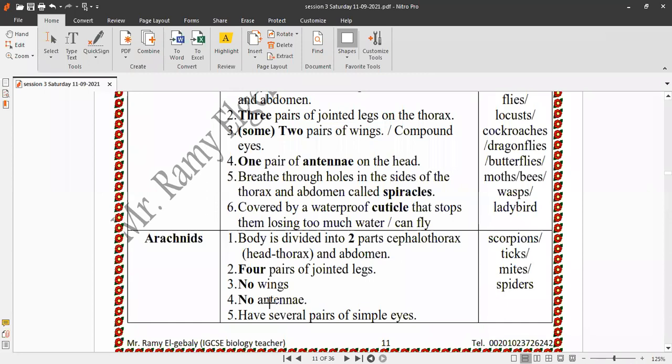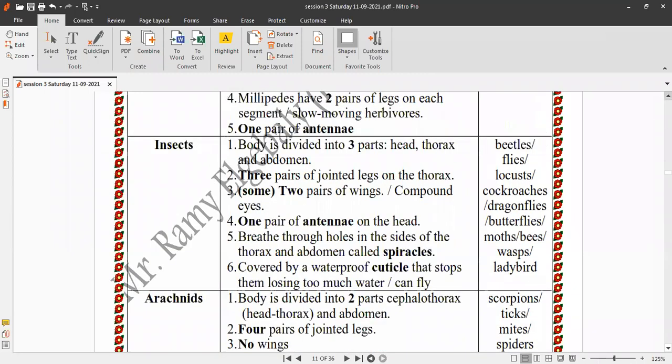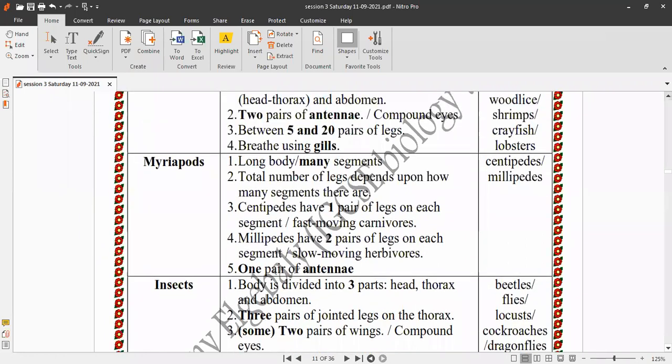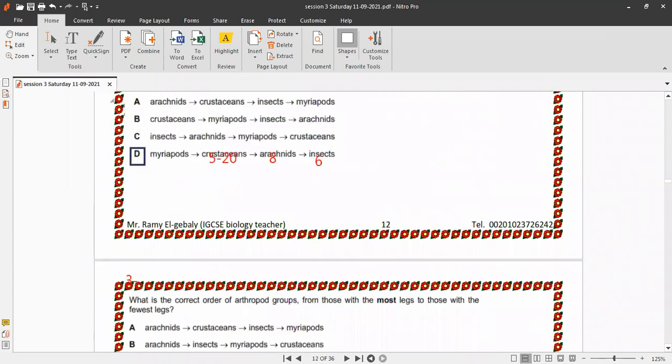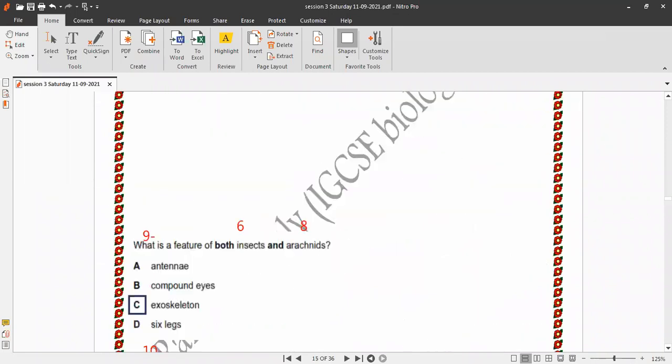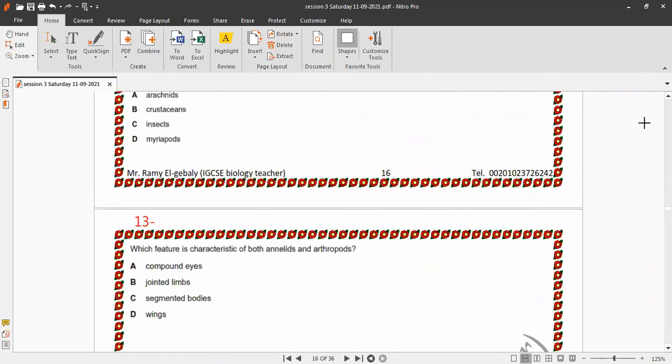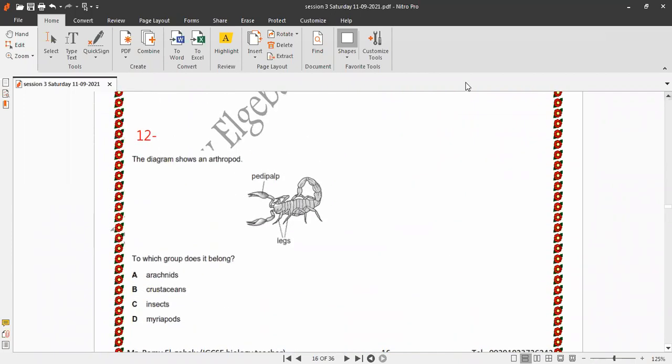Arachnids have no antennae. Let's see crustaceans. 2 pairs of antennae. So what is the correct answer? Arachnids, because arachnids have no antennae. Okay? Yes, it's a scorpion. So the correct answer is A.